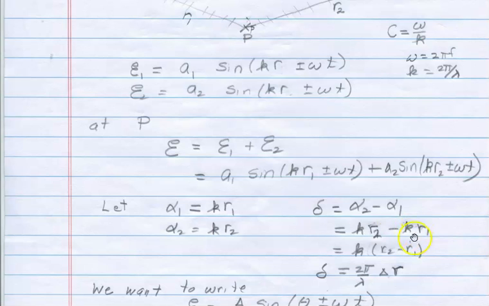Oftentimes people use x for these, so don't be surprised if you have an x term here, and they'll see 2 pi over lambda times delta x. And that's the phase difference between the two sources, from source 2 minus source 1, so this is the difference in the phases of these two waves up here. Right?